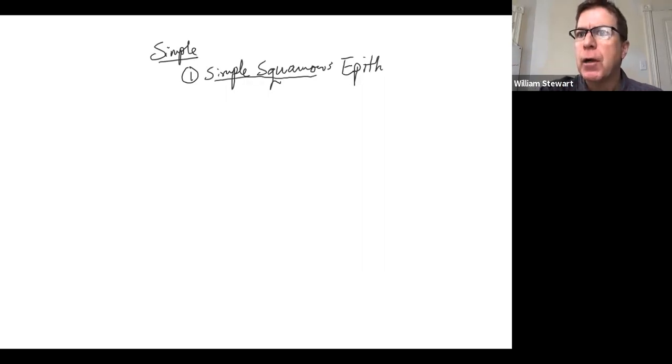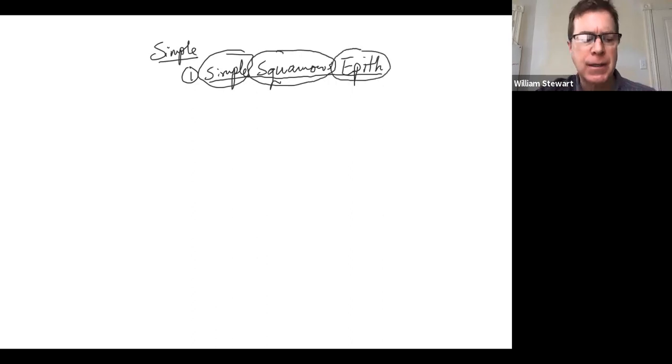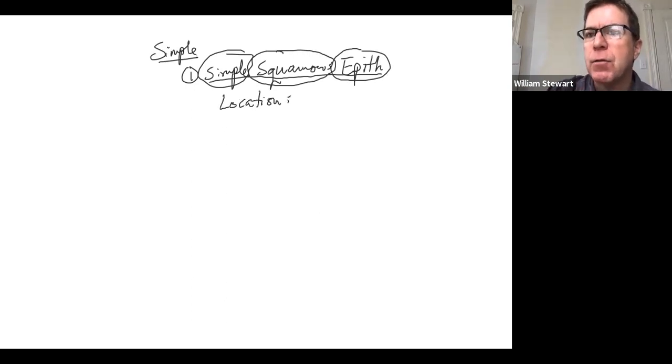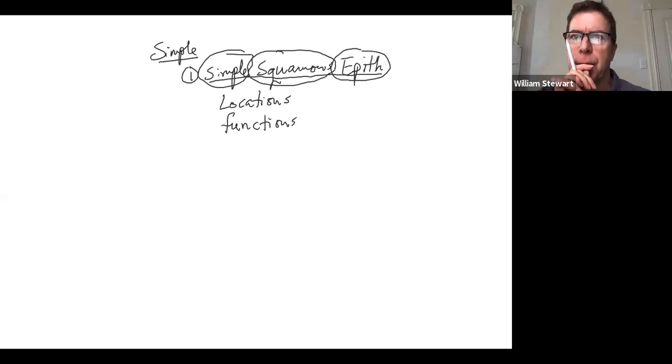Now we know from our criteria what this is. One layer of flat cells that covers or lines a surface. So we know what it is. I'm just going to list locations. This is what I want you to know specifically of these individual tissues. Locations, functions.